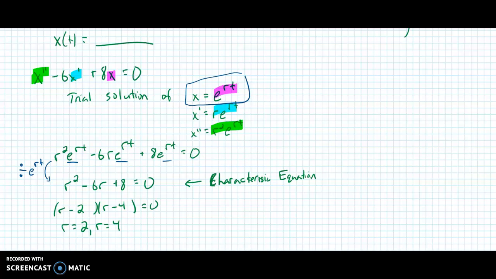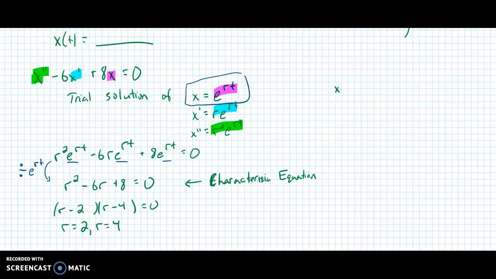So now I know that the r values of 2 and of 4 actually fit this equation, or they should if I've done my math right. So that means that x of t should be, if I've done it right, sorry, I'm going to write it a little bit different.